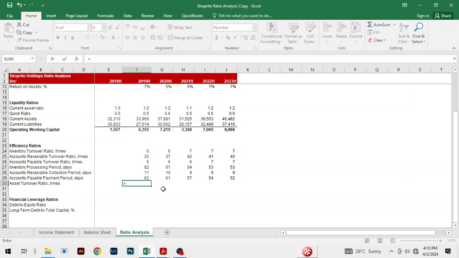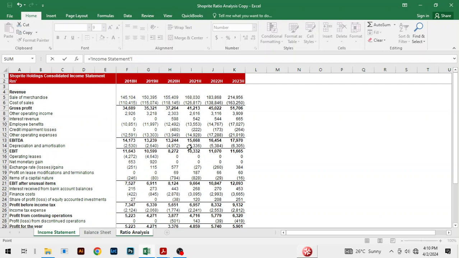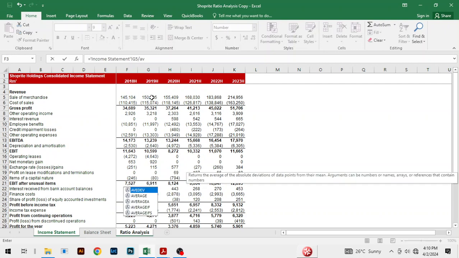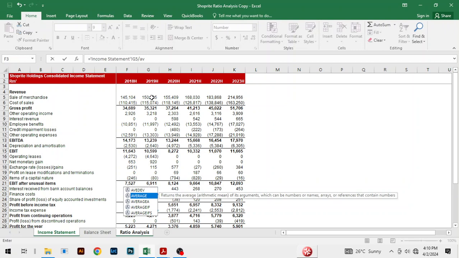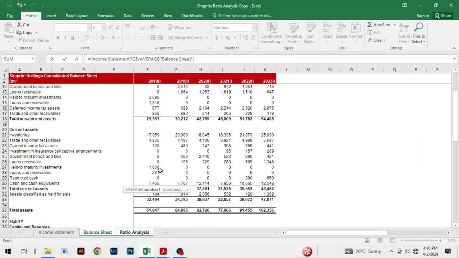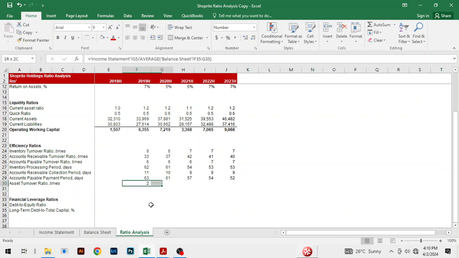So here we're going to take revenue for 2019, divided by average total assets. Okay, so here, let's come here. We have got average total assets. Perfect. And then we copy that to the right.